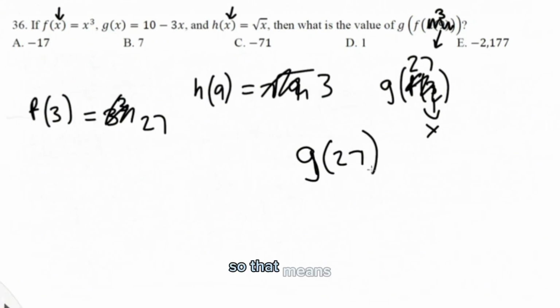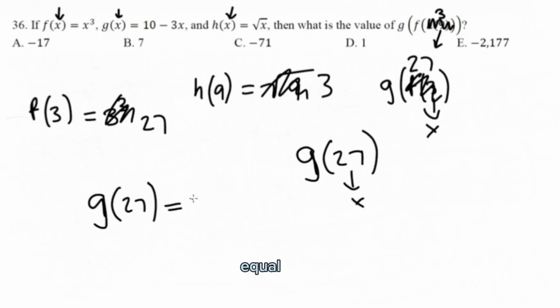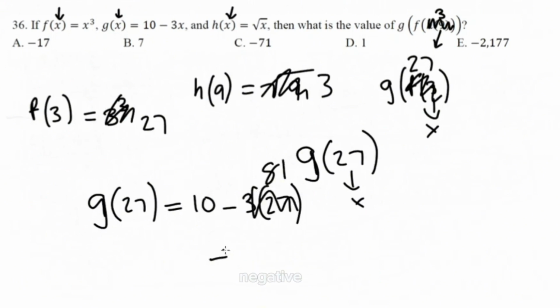Okay, so that means 27 takes the place of x in the g function. So g of 27 is equal to 10 minus 3 times 27. Alright, so 3 times 27 is 81. So 10 minus 81 is negative 71, and that's your answer.